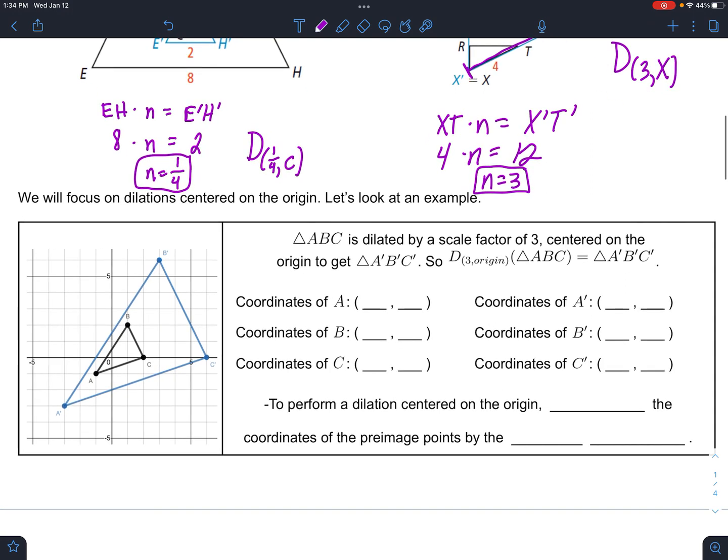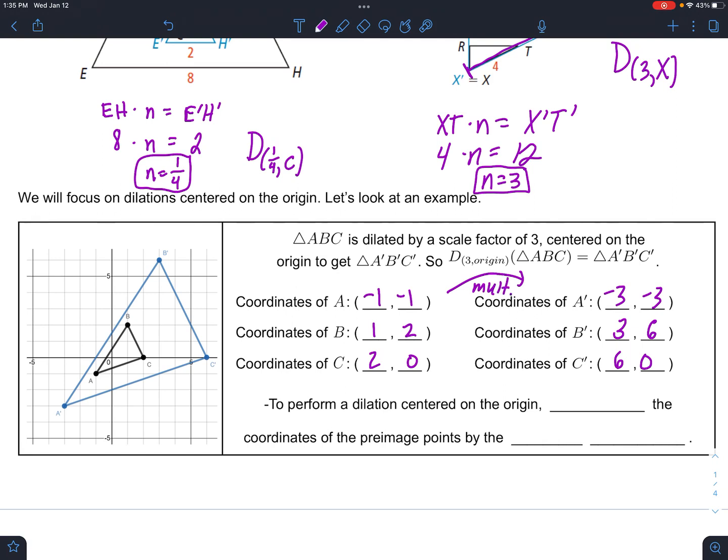Okay. Let's take a quick look here. I'm going to just copy down the coordinates, so don't mind me. I'm just going to put these in here for you, and then we're going to talk about the pattern we notice. So going from A to A prime, how did we change? We went from -1 to -3, and also went from -1 to -3.